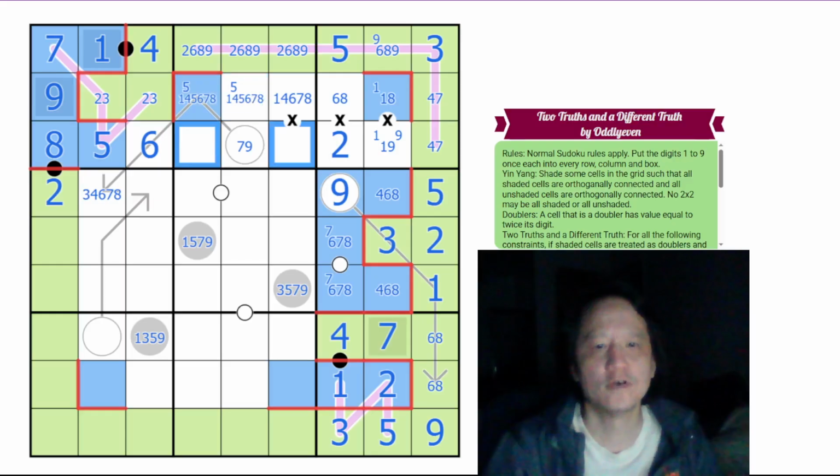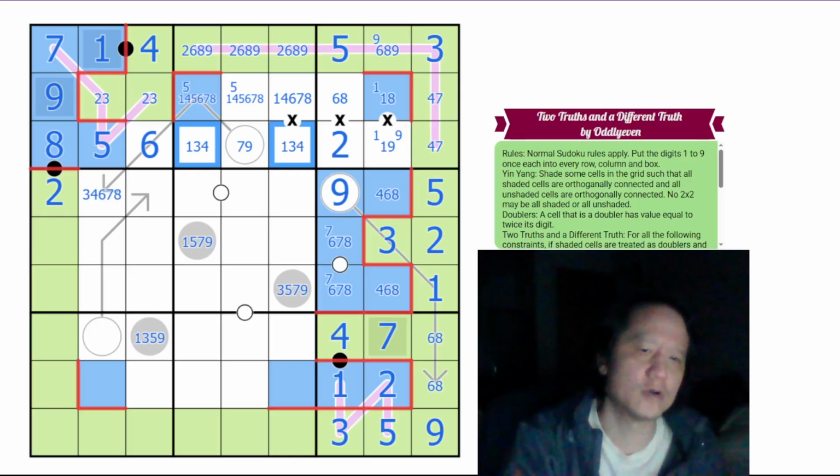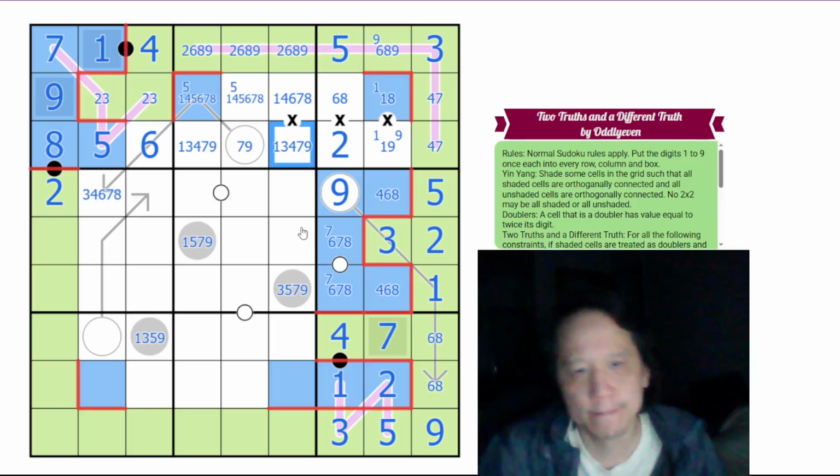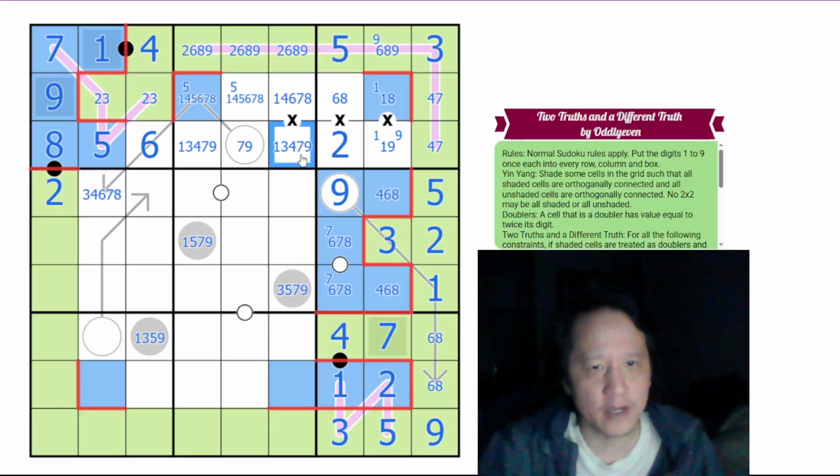We have 1, 3, 4, 7, or 9. So 1 can add up with 9. Okay, so 1 doubled would have to add up with 8. So 1 could be either of these. 1, 9, 1 doubled with 8. 3 and 7 work, but this can't be 7.